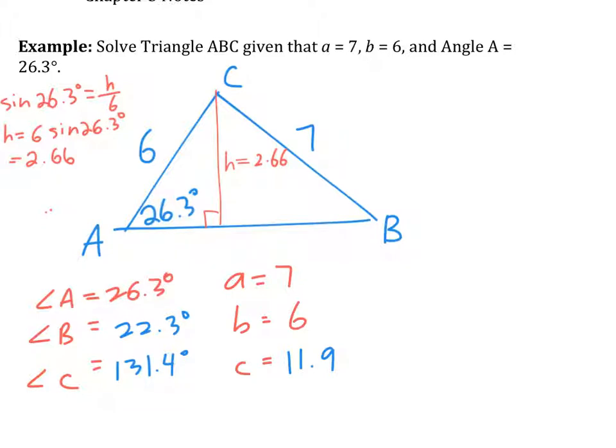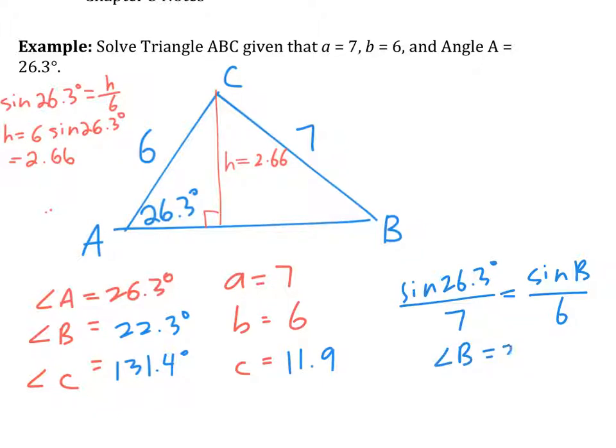Sine 26.3 over 7 is equal to sine B over 6. Right? Cross multiply and solve, so angle B is 22.3. Is it not? Yeah, 22.3. Right. So we multiply.